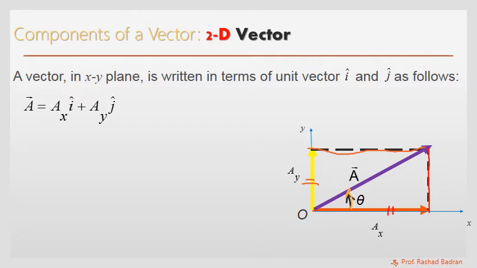This angle, of course, subtends the y component, and then this triangle is formed from these two components and the magnitude of the vector, which is a right angle triangle.